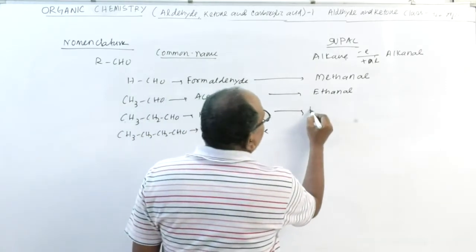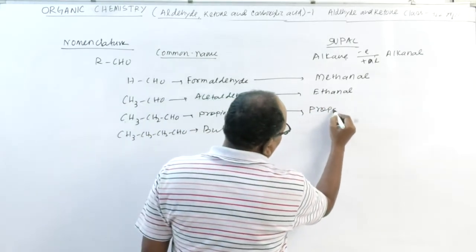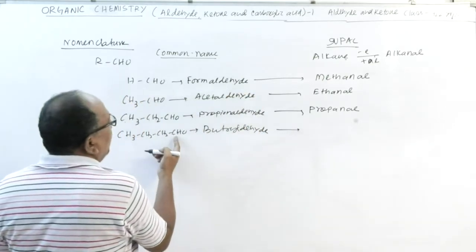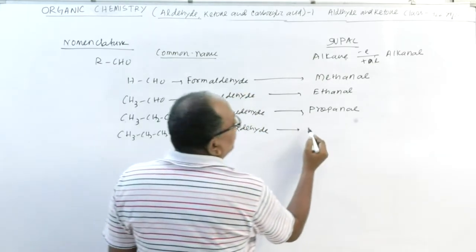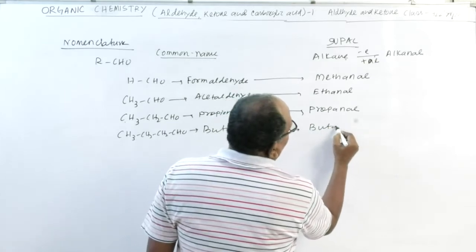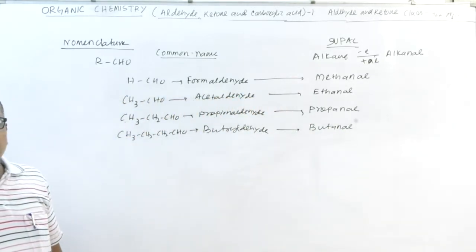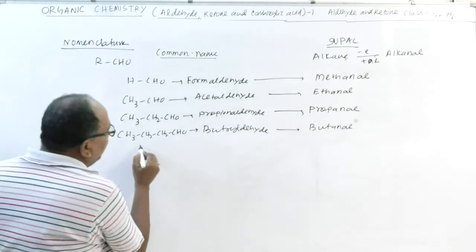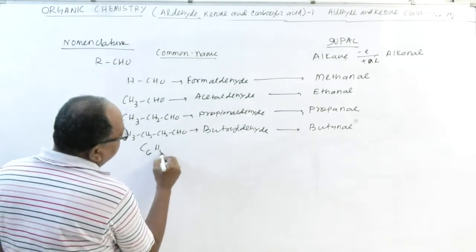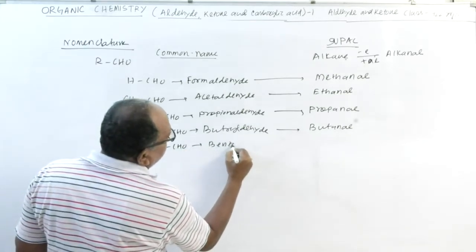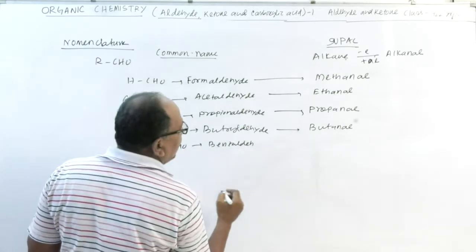This is called propanal. What about this one? It contains four, 1, 2, 3, 4. So this is butanal. Suppose you take an aromatic aldehyde, C6H5CHO, this is known as benzaldehyde.